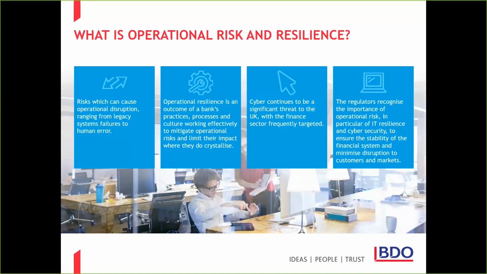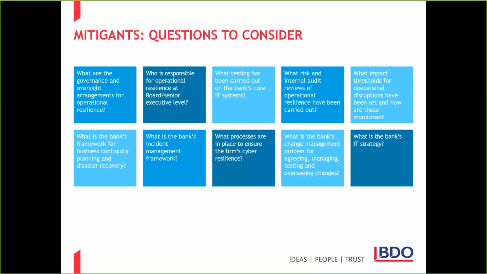So if you outsource any form of technology or service, regulators are very keen from an operational risk and resilience perspective that you control that outsourcing process, so if things were to go wrong, you can demonstrate that you are resilient. Really important on operational resilience. What I have on the next slide is some of those mitigants for firms to consider.